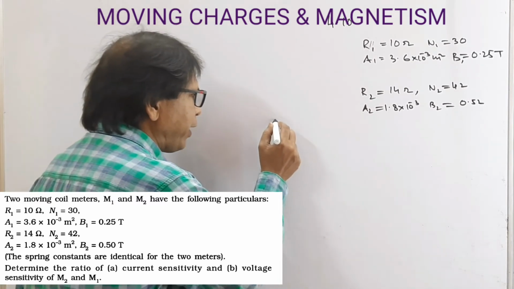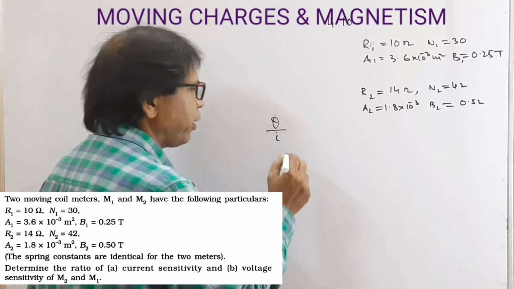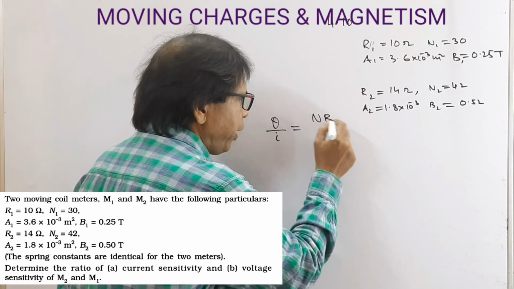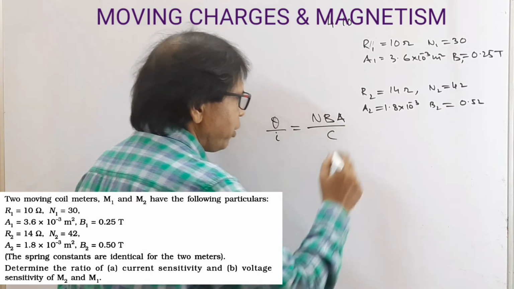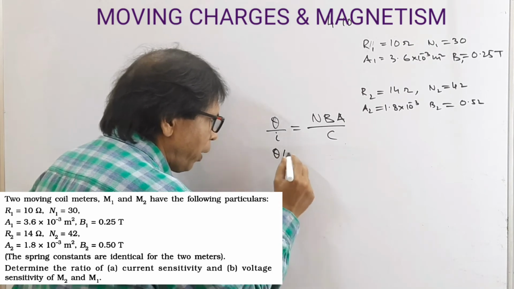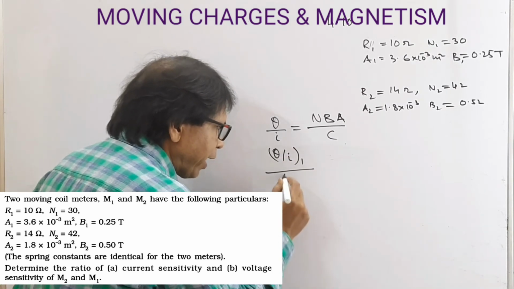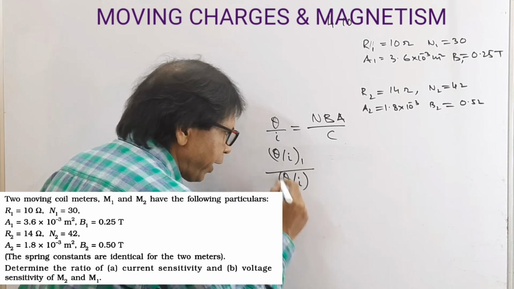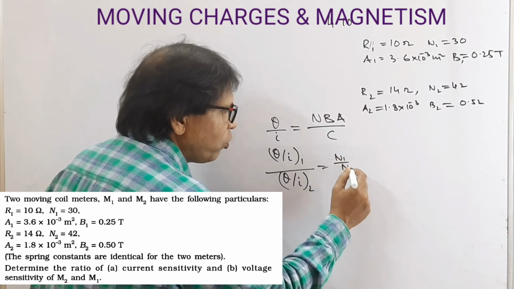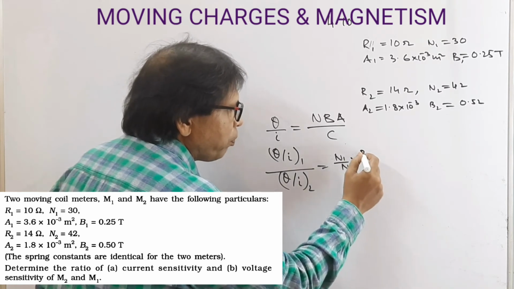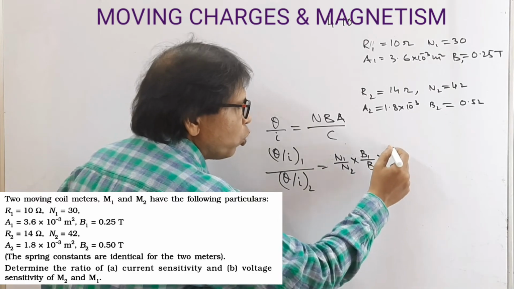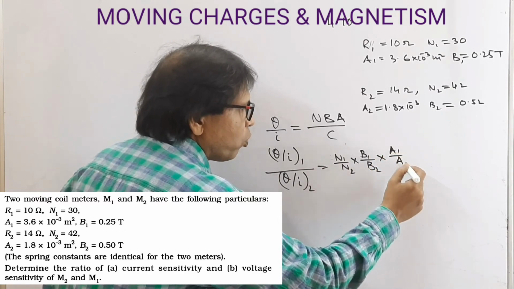First of all, current sensitivity θ/I equals NBA by C. The current sensitivity of the first divided by the current sensitivity of the second equals N1 by N2 into B1 by B2 into A1 by A2.